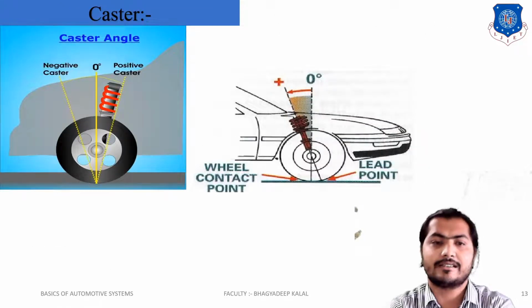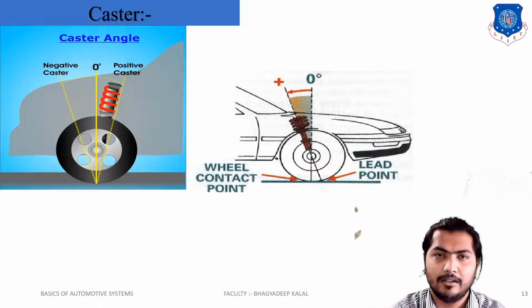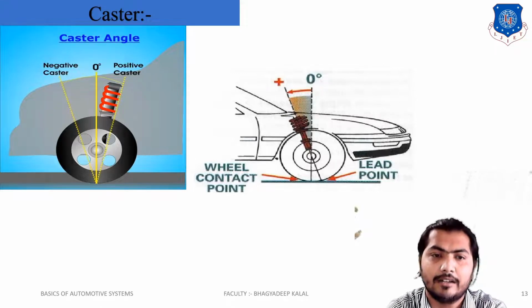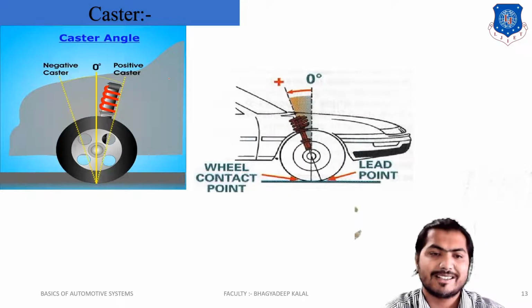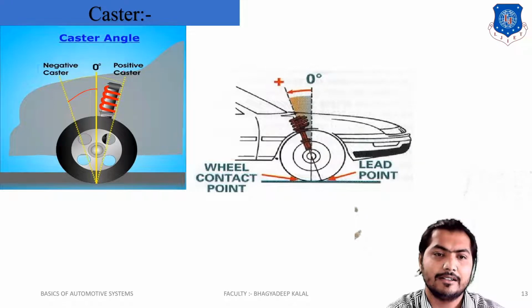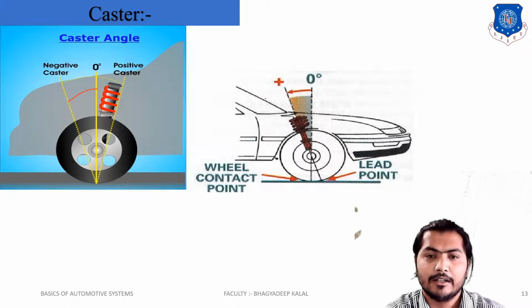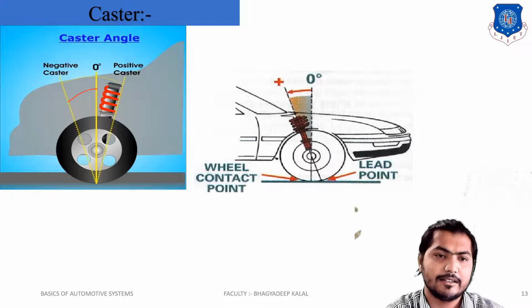Next is the caster angle. The effect of caster angle is similar to kingpin angle, because it is the angle made by the kingpin, seen from the side view. From the side view, this is the negative caster and this is the positive caster.